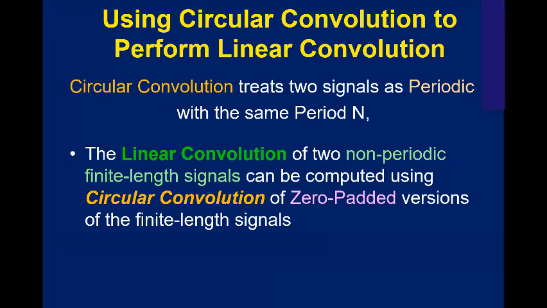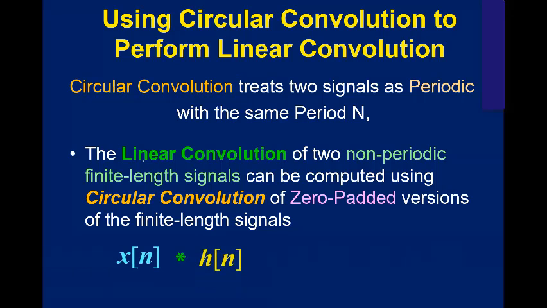But what we need to do is to zero pad our 2 signals to the correct length so that the result is a linear convolution result, not a circular convolution result. And again, zero padding just literally means add some zeros to the end of each of them. Now, the really crucial question is, in order to make this work, how many zeros do I have to add?